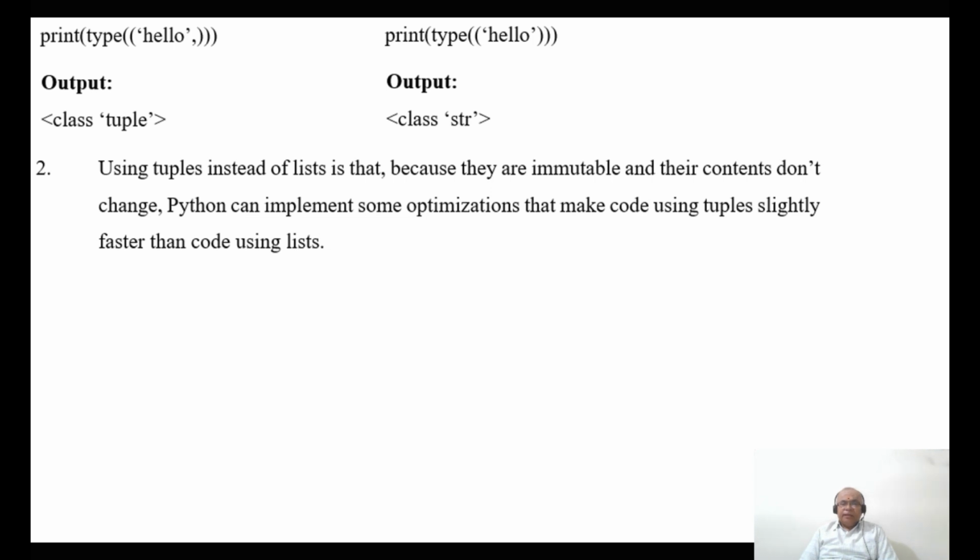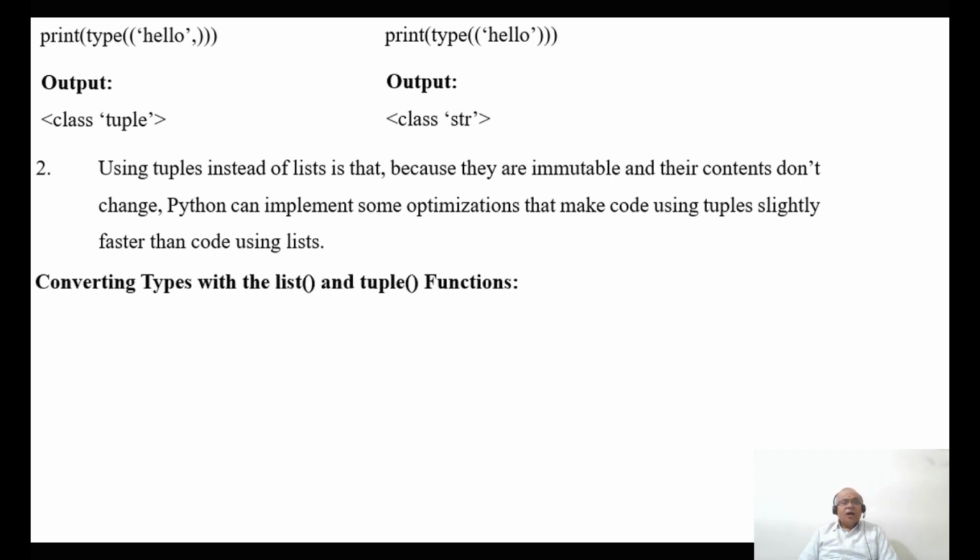So Python can implement some optimizations that make code using tuples slightly faster than code using lists. That is because tuples are immutable, so you cannot change, add, or append. In that way, tuples are going to be slightly faster when compared to lists.